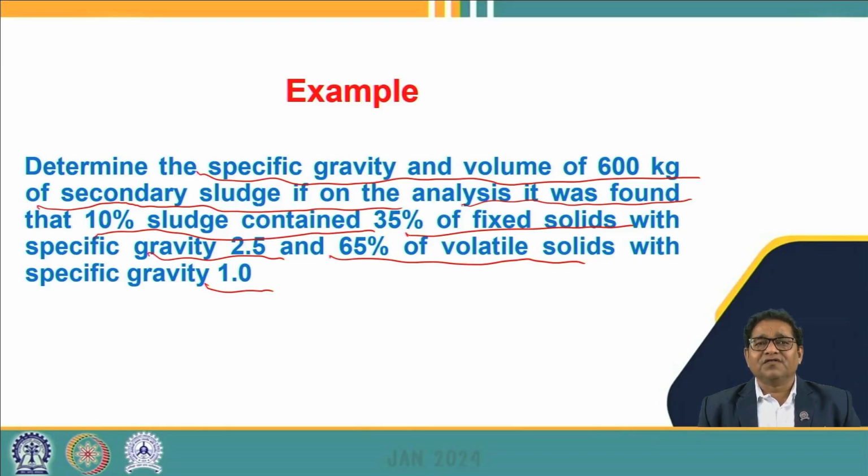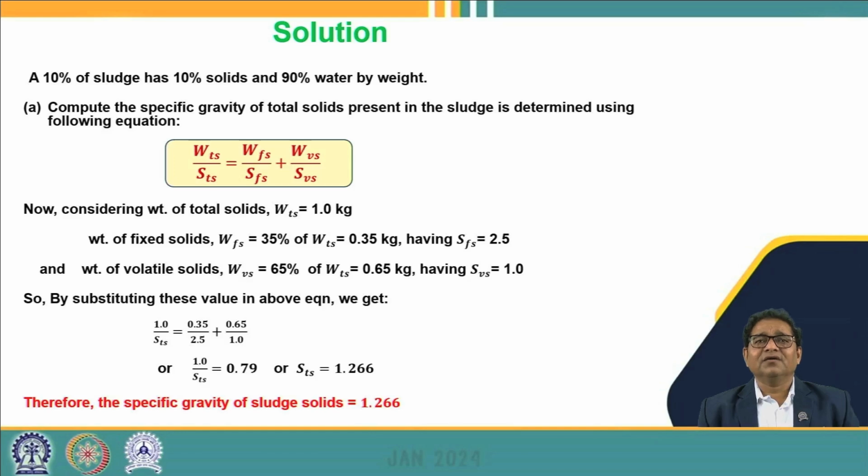So in this example we have to determine the specific gravity and the volume of the sludge. How we can determine the specific gravity of the sludge and volume of the sludge, that we will be illustrating in the next slides.